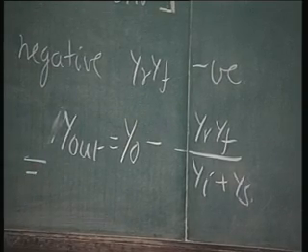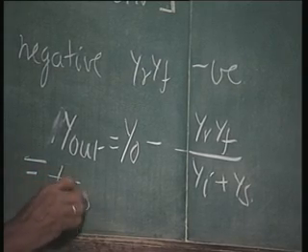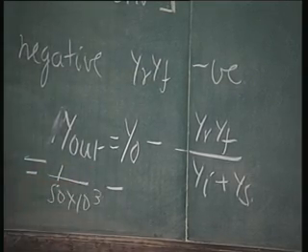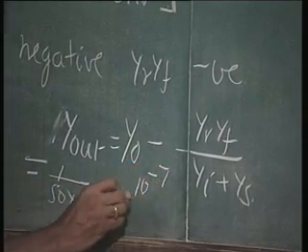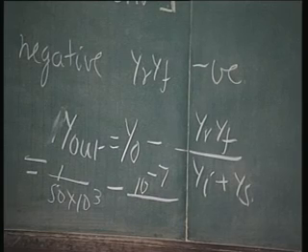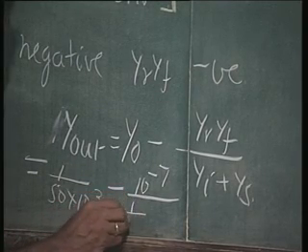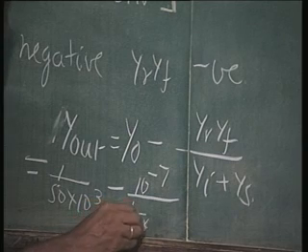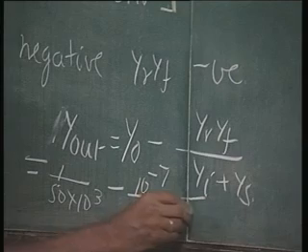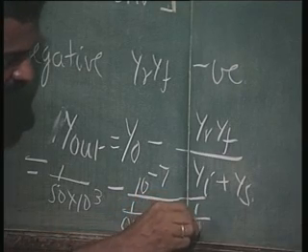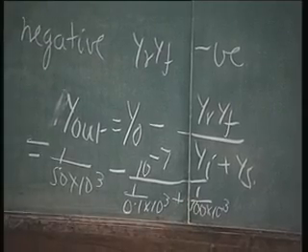Y naught is going to be 1 over 50 kilo ohms minus YR YF is same as 10 to the power minus 7 divided by YI plus YS, which is 1 by 0.1 K plus 1 by 100 K. We will write it more clearly up somewhere here.